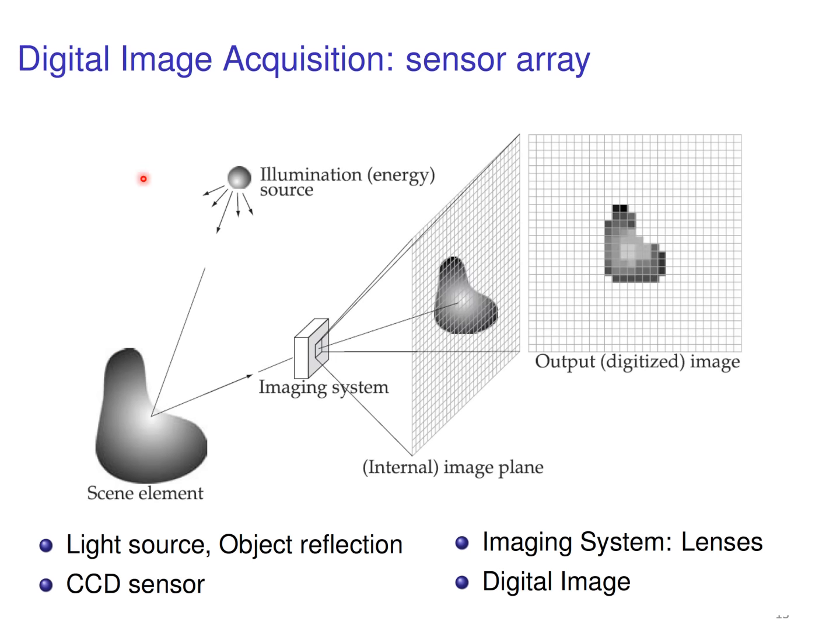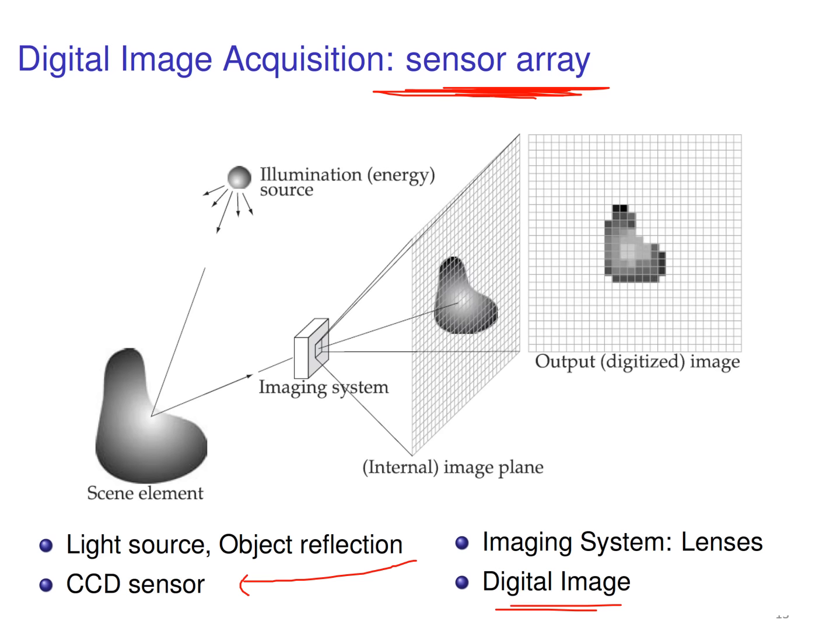Here, we have something called a sensor array. This is your model, your way of acquiring data. In the sensor array, you have illumination, which is light, reflected from a scene into an imaging system, like a CCD sensor, the one that we talked about last time. You have an imaging system with lenses to focus the light onto the CCD sensor, and then you have a digital image.